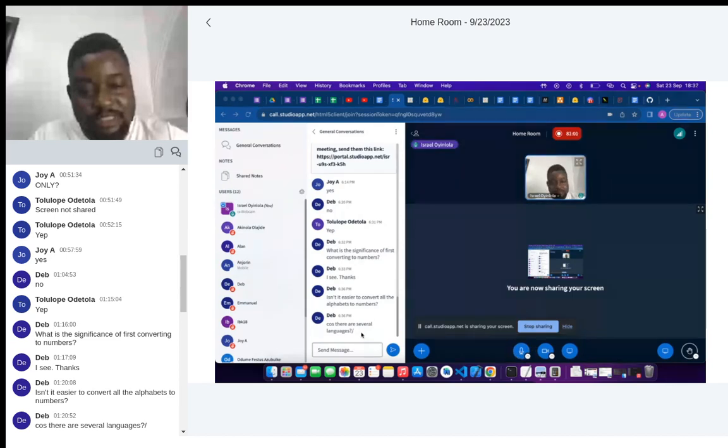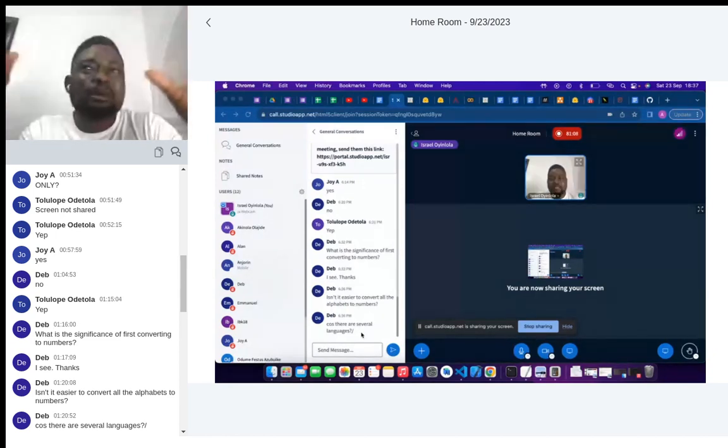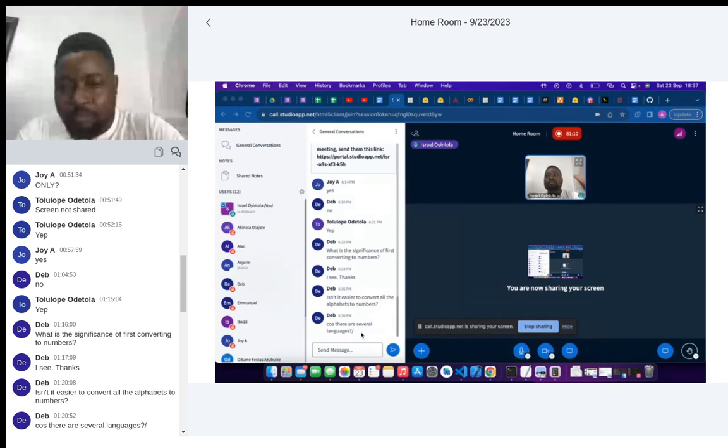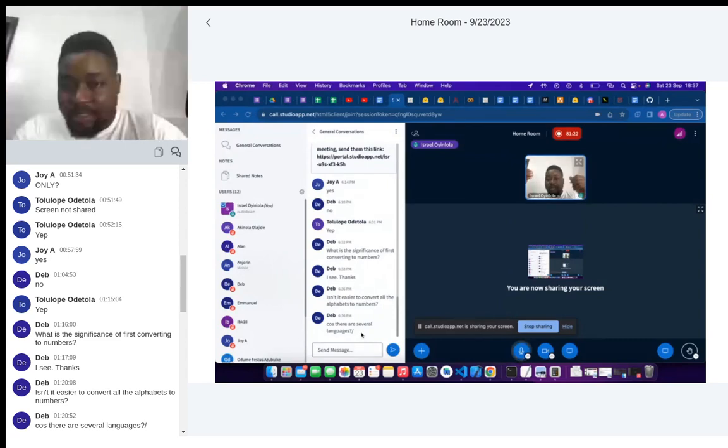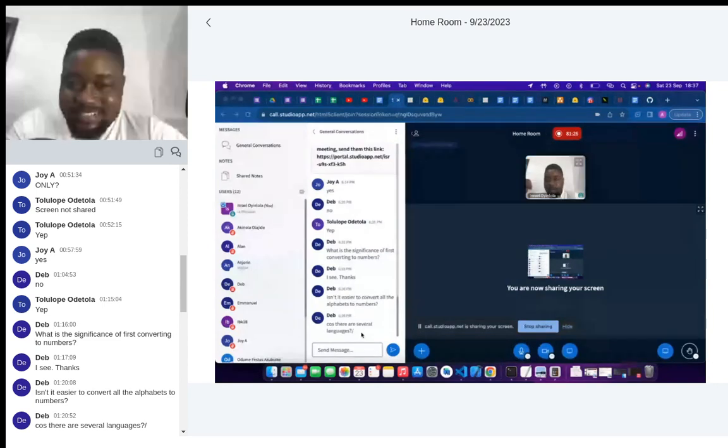So there are three types. There is one that does what you said, uses characters A, B, C, D, E. So it has a full breadth of about 50 something; by the time you add the special characters and numbers, less than 60 entries in its dictionary. There is one that converts each word to numbers.